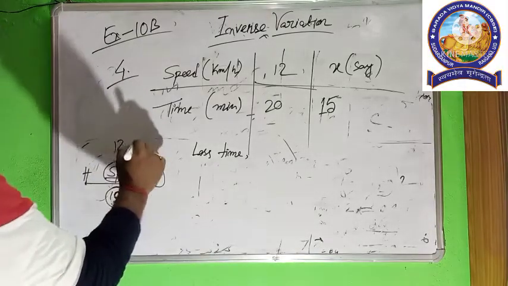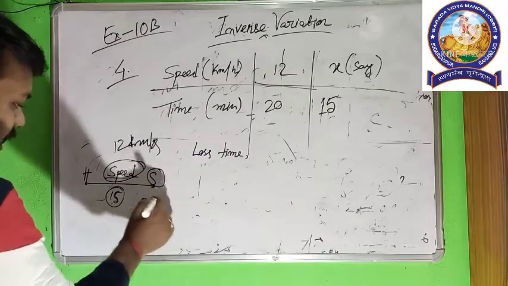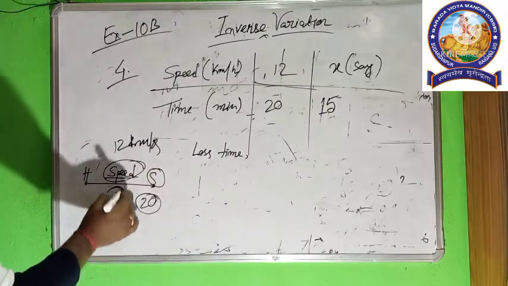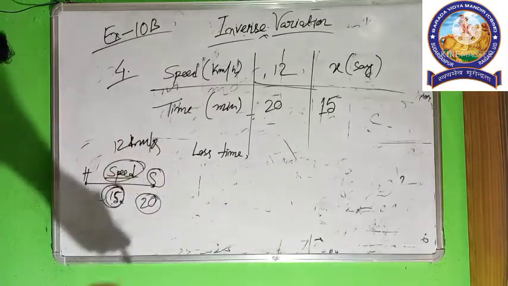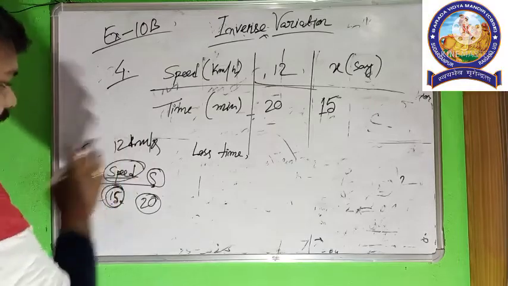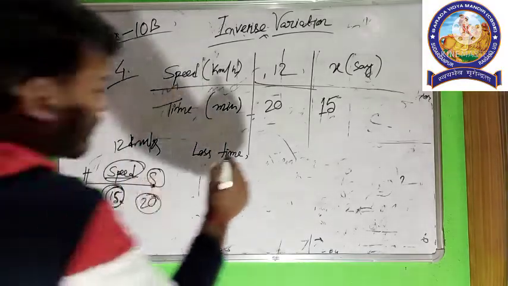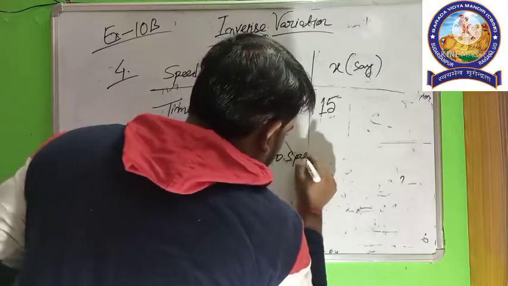Previously the speed was 12 kilometers per hour and the time taken was 20 minutes. In place of 20 minutes, if we reach the school in 15 minutes, then the speed should be more. So less time, more speed.